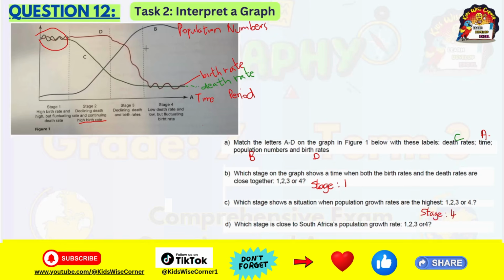Because you can see the population is increasing. And it's in this stage. Which stage is close to South Africa's population growth rate? 1, 2, 3, or 4? Normally in stage 3.